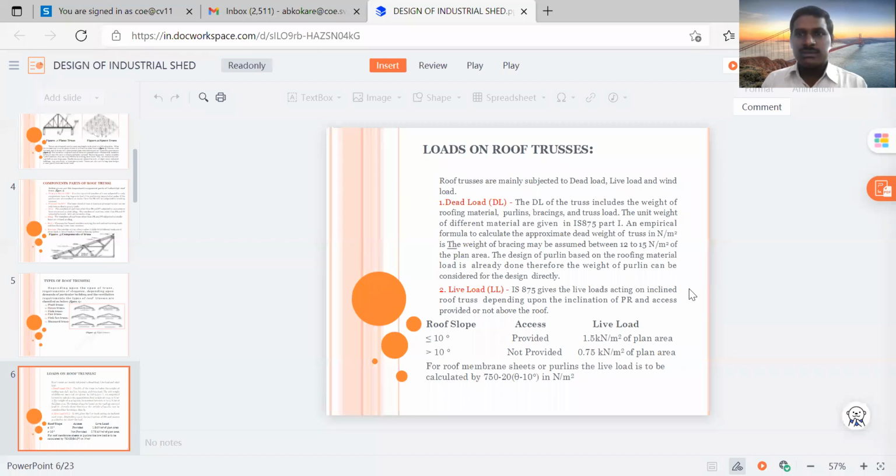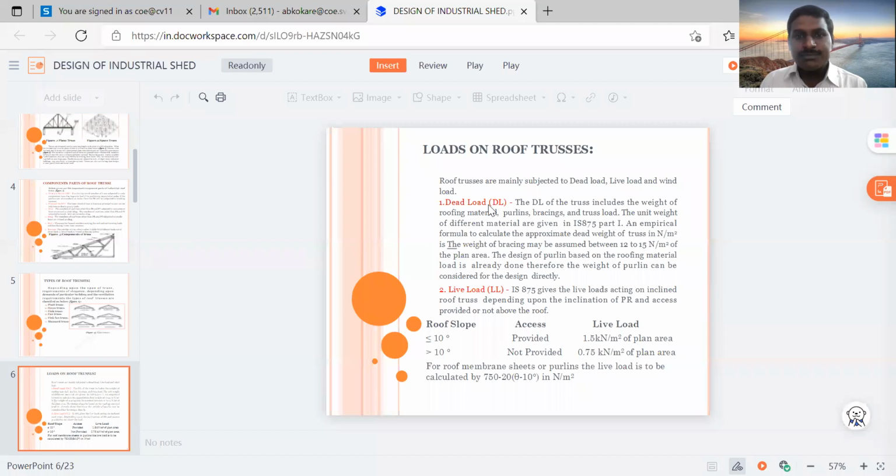Even when designing the industrial shed by using software, we have to provide the loads by calculations. So how to calculate the particular type of load for designing the industrial shed? The first type of load we have to consider initially is the dead load.